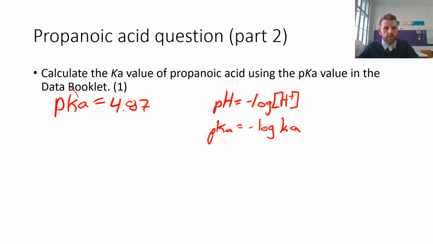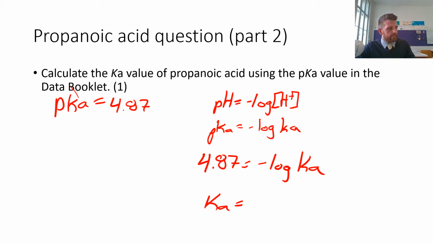So then I know 4.87 is equal to the negative log of Ka. Ka is equal to 10 to the negative 4.87, 1.3, whoa, that's what you get for writing and not looking.